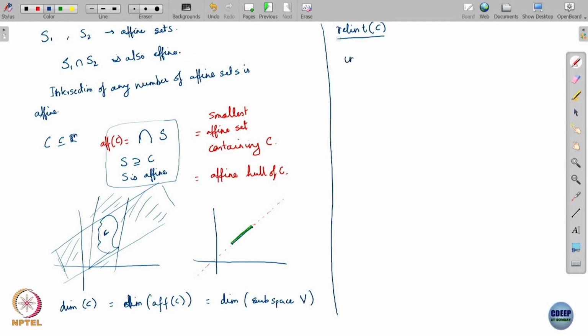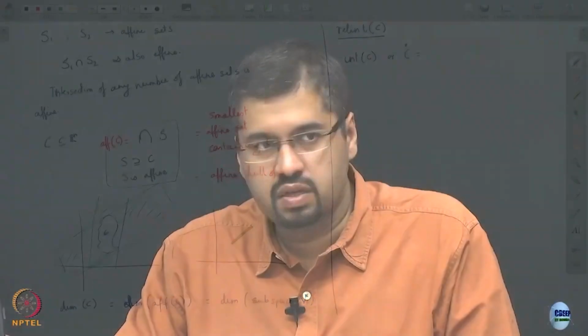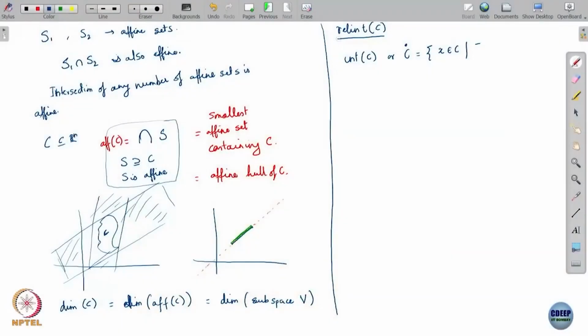The int of C, also denoted by C with a circle on top, was all points x in C such that you could find a radius r around that point such that the ball of radius r around it completely lies in C. This is the interior of a set.